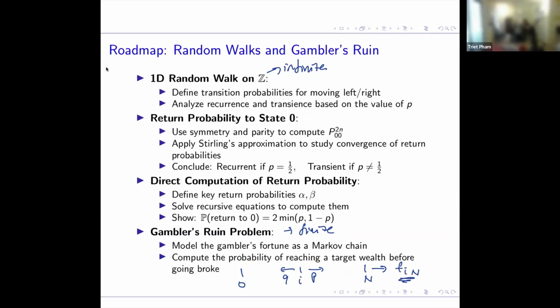Any state in between is transient, and the two states, 0 and n, are absorbing, or recurrent. So we are calculating the probability of going from i to the absorbing state n rather than to the absorbing state 0. Do you understand?